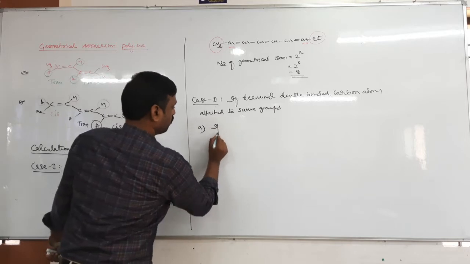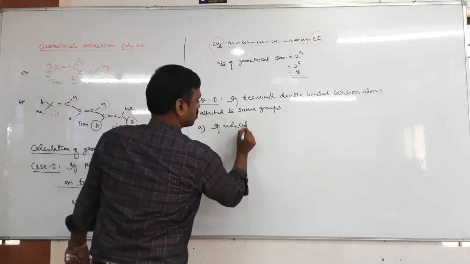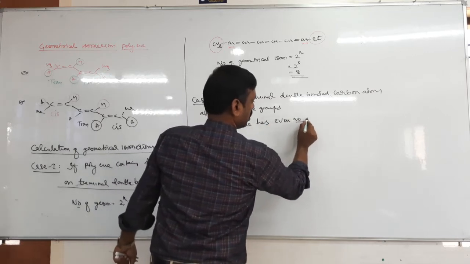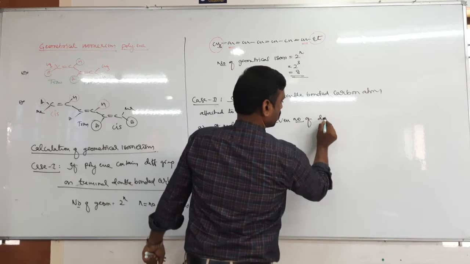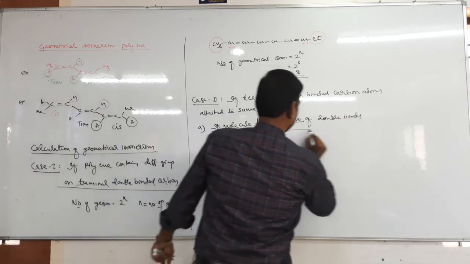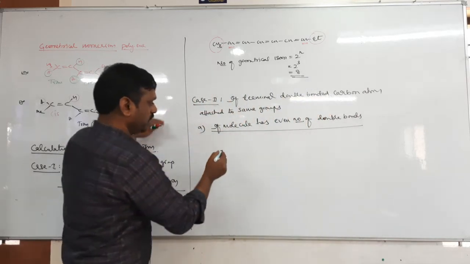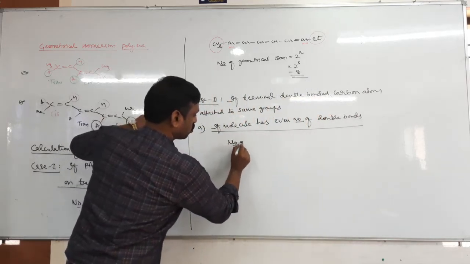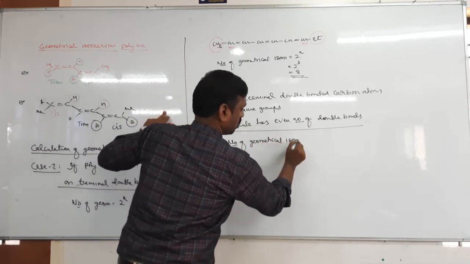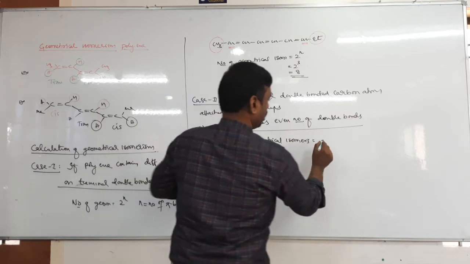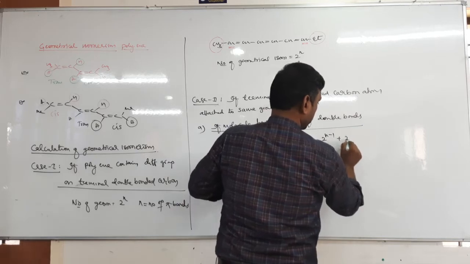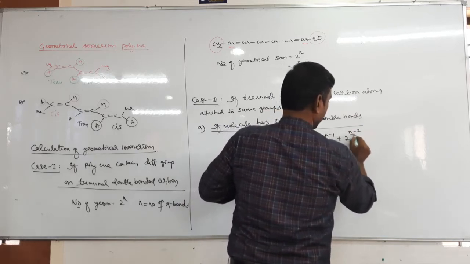So if the molecule has an even number of double bonds, then the number of geometrical isomers equals 2 to the power n minus 1 plus 2 to the power n minus 2, divided by 2.